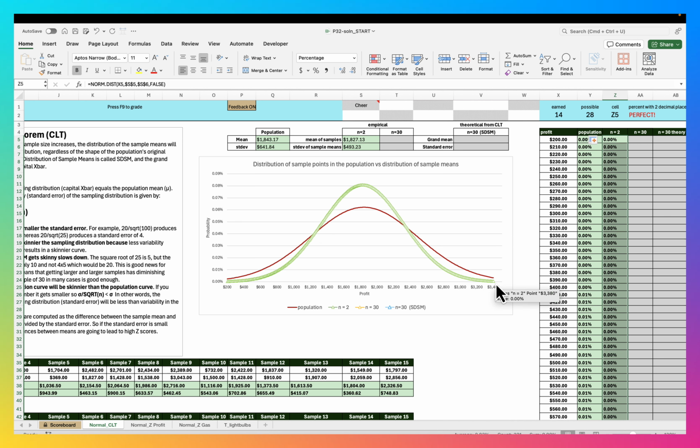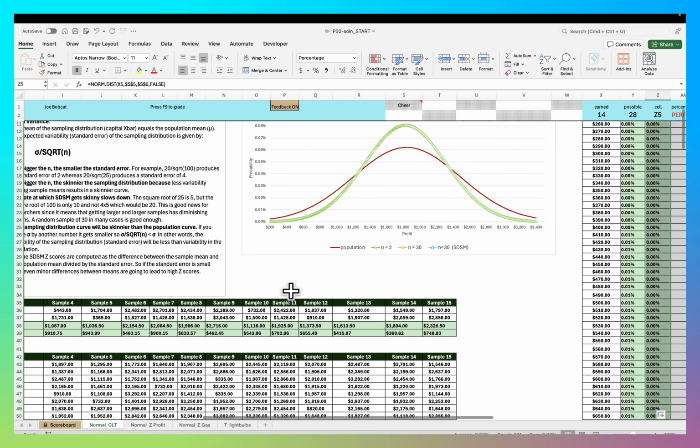It's hard to see here unless you get right to the end, but this line is made up of basically a series of little triangles. And I'm using the triangle symbol to represent a sample. So effectively, this is the distribution, not of individual data points, but it's the distribution of sample means. Which sample means is it a distribution of? It's a distribution of sample means of size 2.